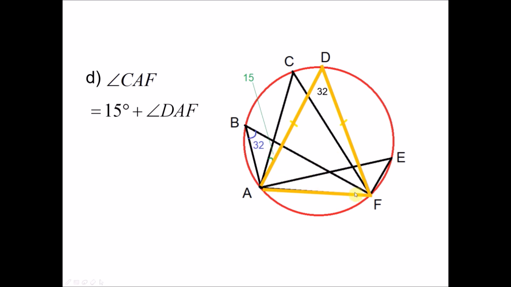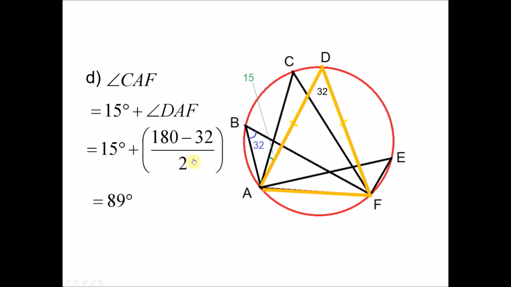Hence, to find these two angles, we get 180 minus 32, divided by 2. So 180, because the total of the angles here is 180, minus 32, divided by 2 because these two are the same. So divide by 2, you get the answer 89.